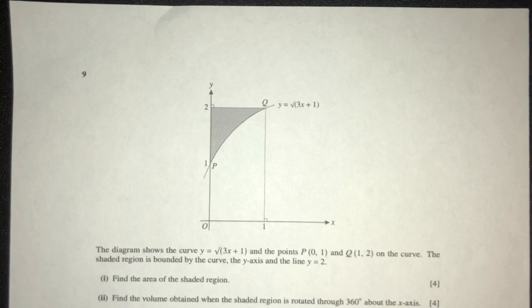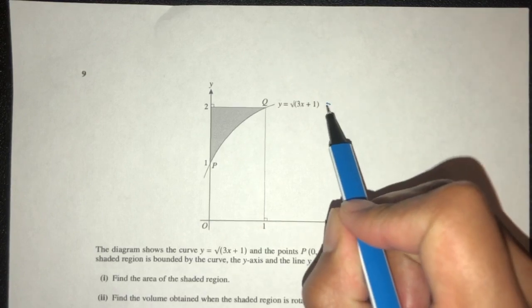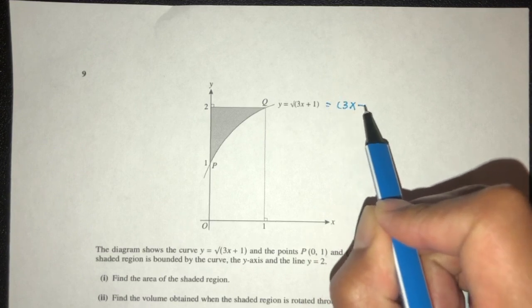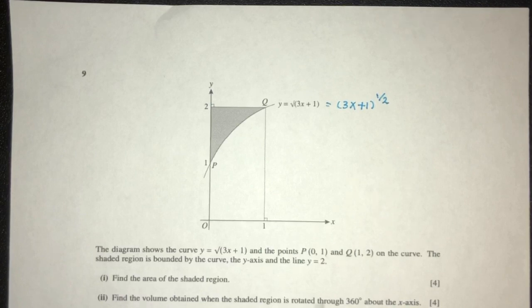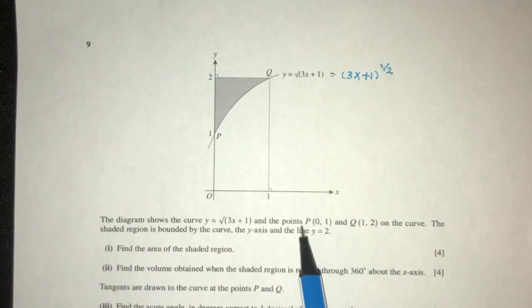The diagram shows the curve y equals to this, root of 3x plus 1. Now, as we have seen many times before, the first thing we can do here is to rewrite the equation. This is also equal to 3x plus 1 power half, right? That's the first step. Now, we also know that we have a point P and Q, they are both on the curve.